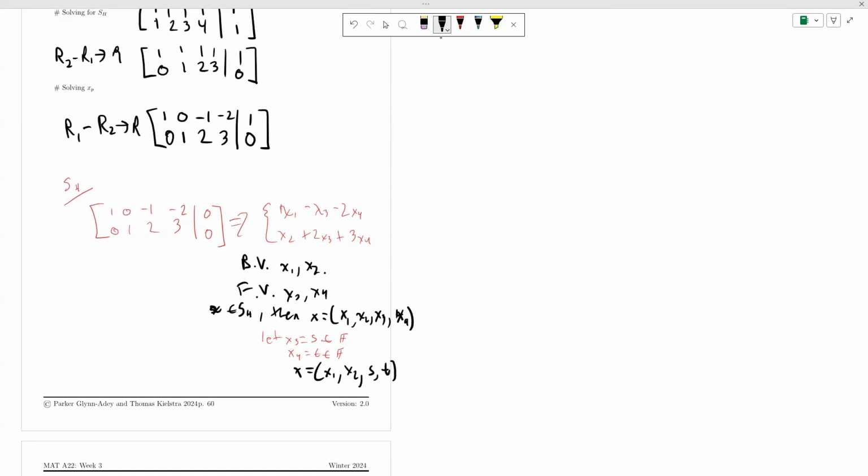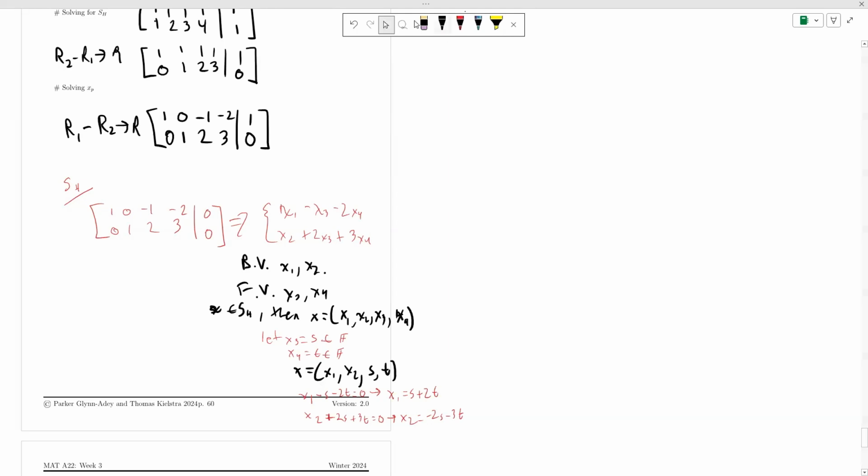I now use my equations to update my basic variables. So x1 minus s minus 2t equals 0 implies that x1 equals s plus 2t, and x2 plus 2s plus 3t equals 0, implies that x2 equals minus 2s minus 3t.